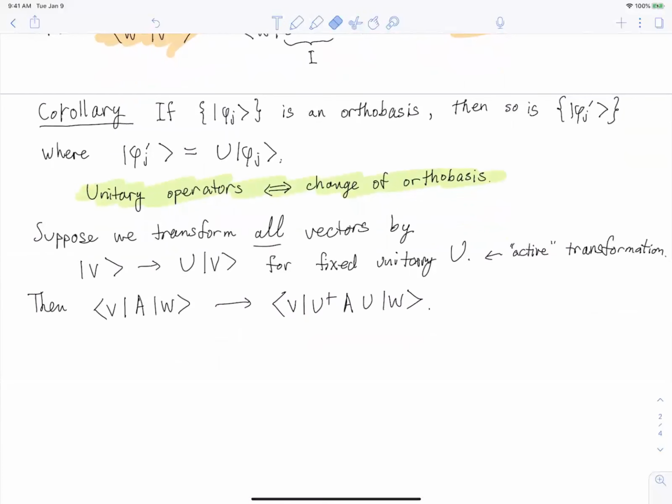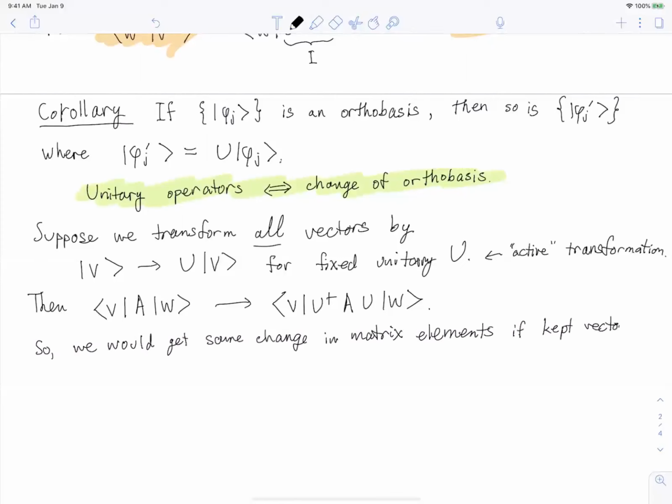And so what we can say is that we would get the same change in matrix elements if we kept the vectors fixed.